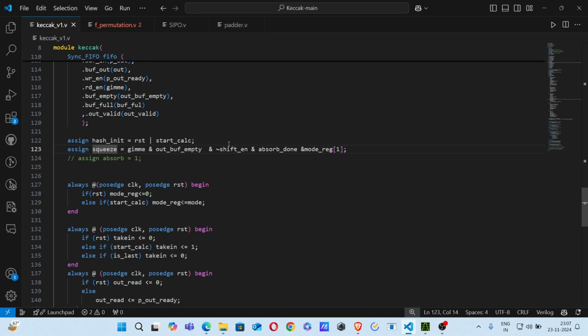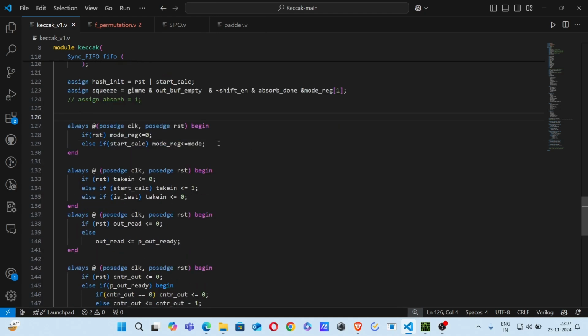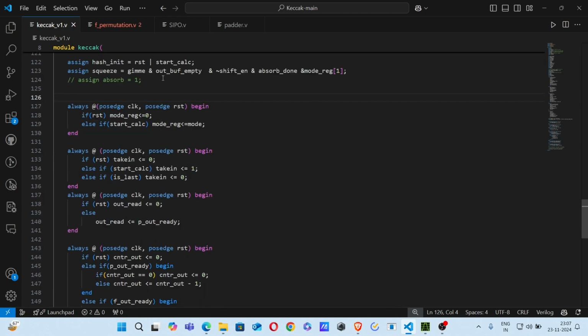This means that there is no more output at the piso, and absorb done, so all the inputs have been successfully absorbed, and mode reg 1, because squeeze can only be done for XOF functions. XOF functions are SHAKE 128 and SHAKE 256. The other modes cannot squeeze.